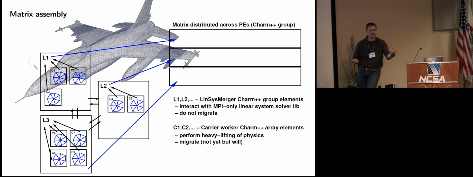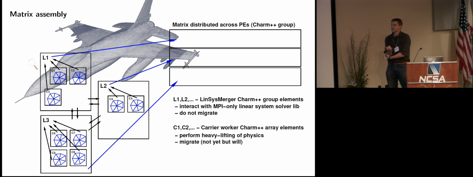These are the guys that hold the chunk of the mesh, and they perform the heavy lifting. They will perform heavier and heavier lifting as we add more physics on the mesh. And then, as you can see, the assumption in the design is that these can migrate at some point. It doesn't migrate right now, but it will. And it can be various numbers at different PEs.